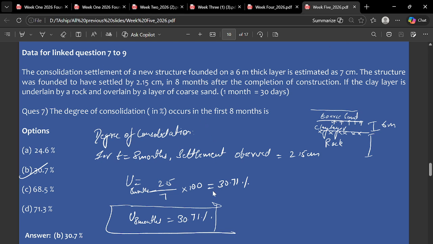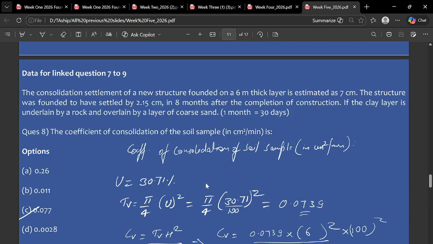In this case you first need to evaluate the degree of consolidation. The degree of consolidation at a certain time is basically how much settlement of your soil layer has happened, compared to how much settlement of the soil layer is going to happen throughout the lifetime of the structure, or when that soil is available.